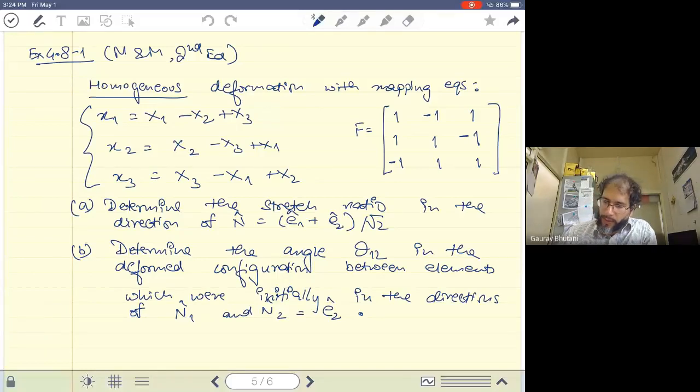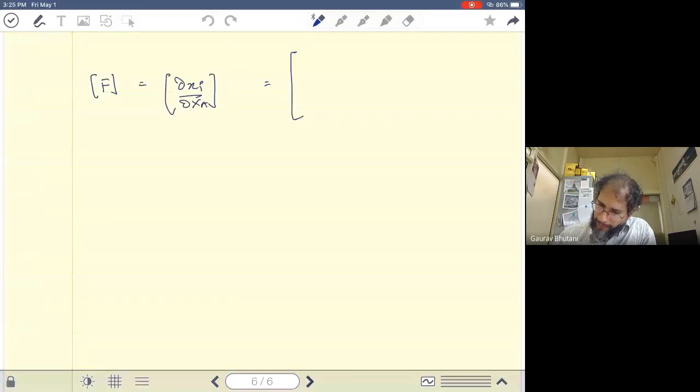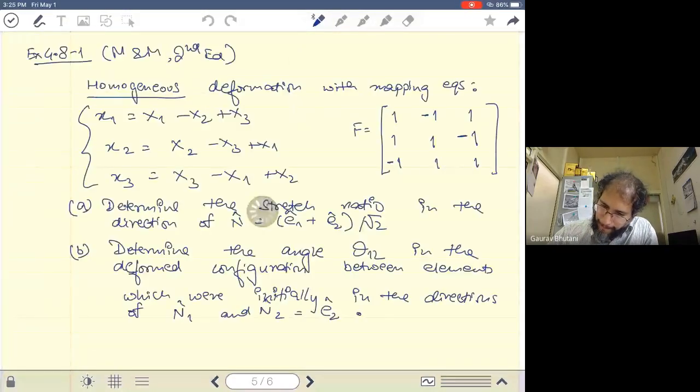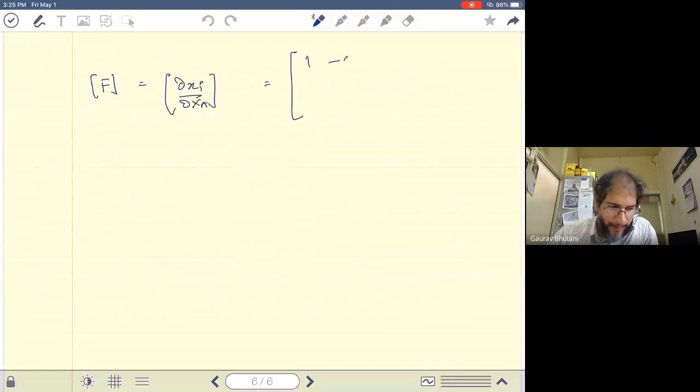Right. So we have an F. I'll just copy it from there. All right, so then I can find C. C was, if you remember, F transpose F. So if I do that, well, I leave it for you to do.